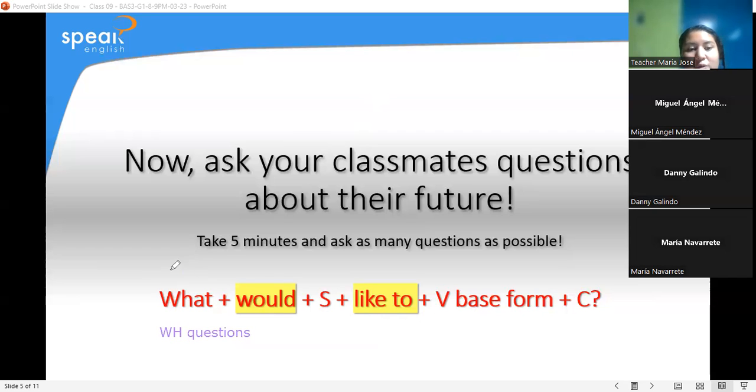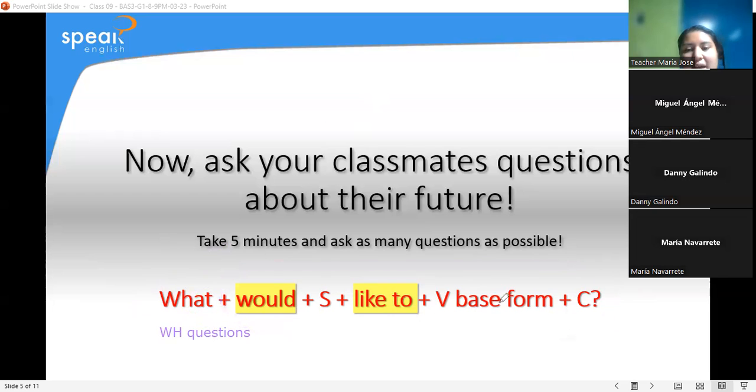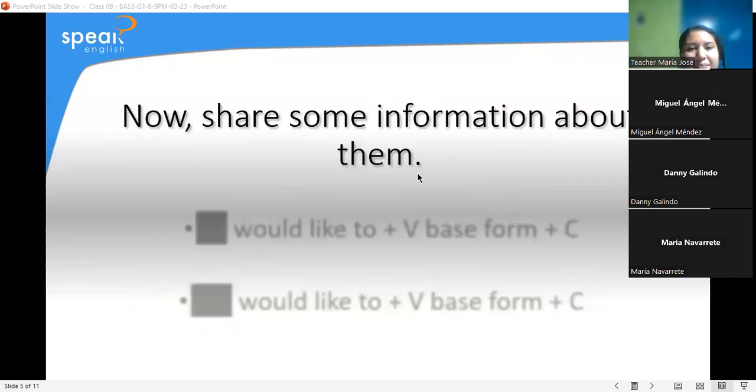If you do not have this, it's not a WH question. The structure is exactly the same: would, subject, like to, the verb, and the complement. Now that we have checked this information, we can continue. That was just a review.